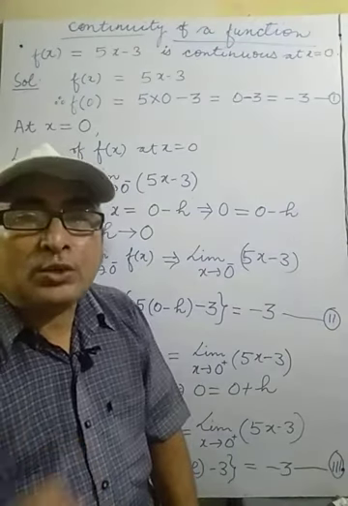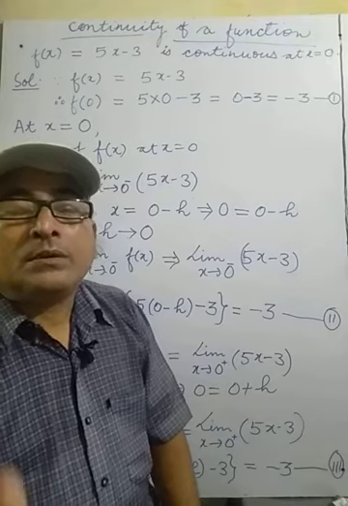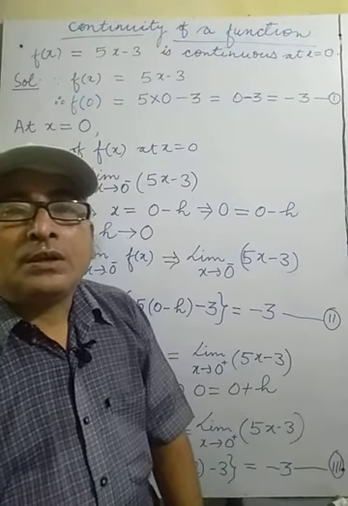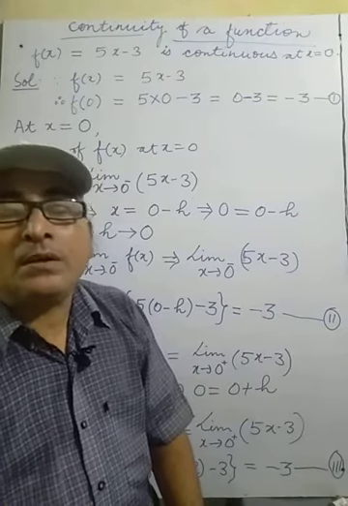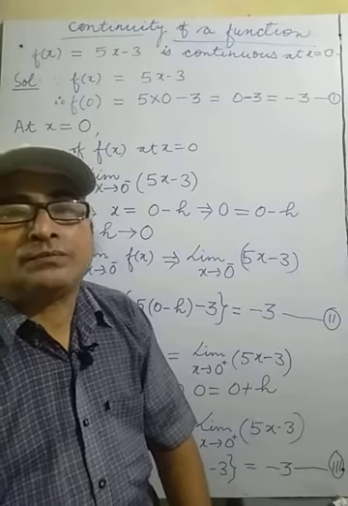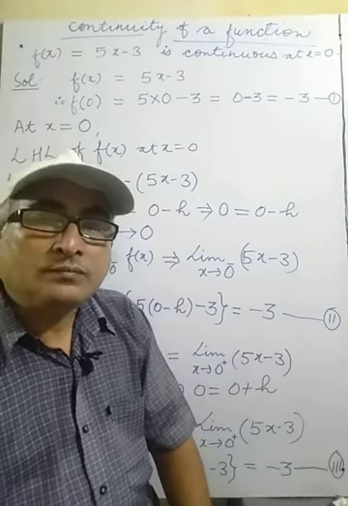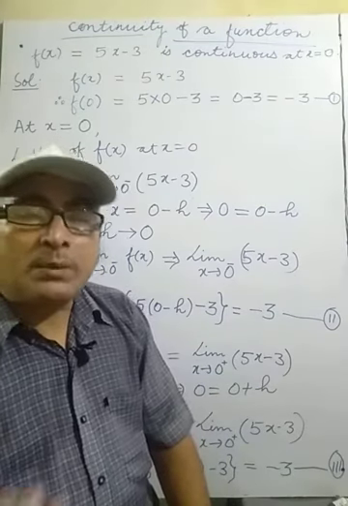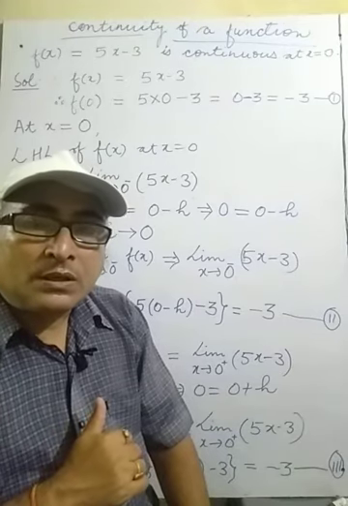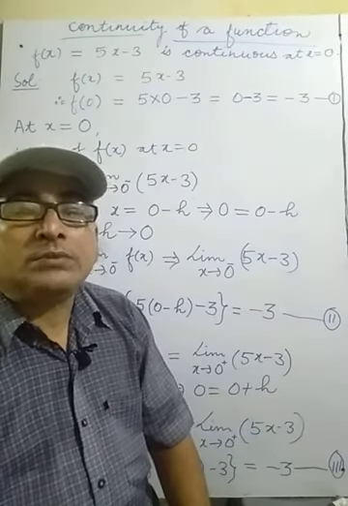If x tends to 3, it will be 3 plus h. If x tends to minus 3, it will be minus 3 plus h. In this way, for the left hand limit h will be subtracted, and for the right hand limit h will be added.